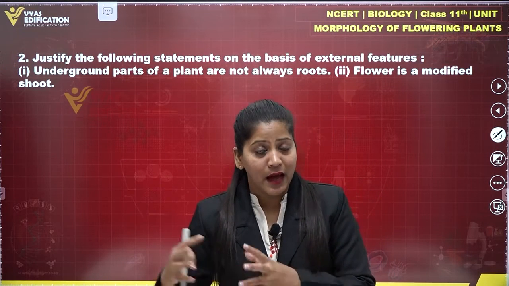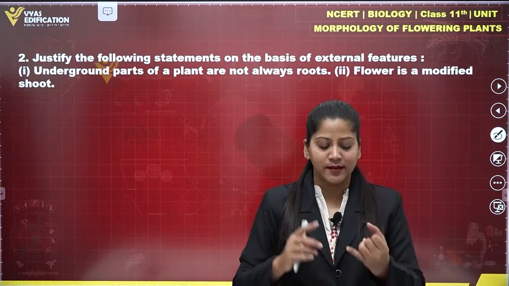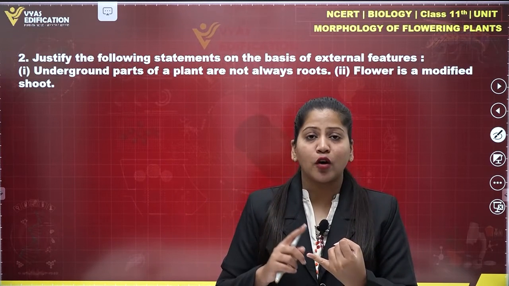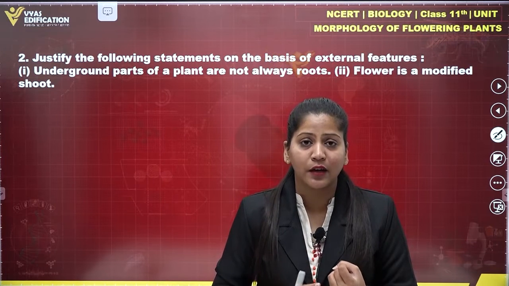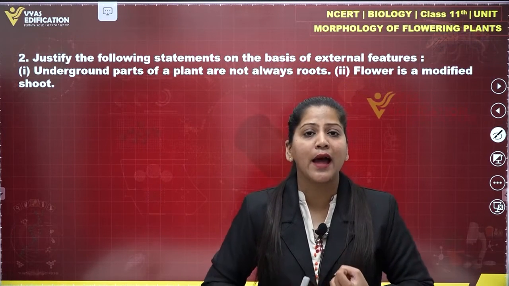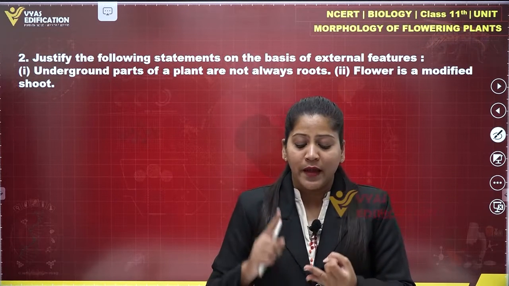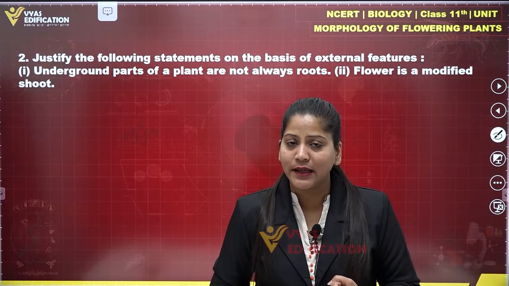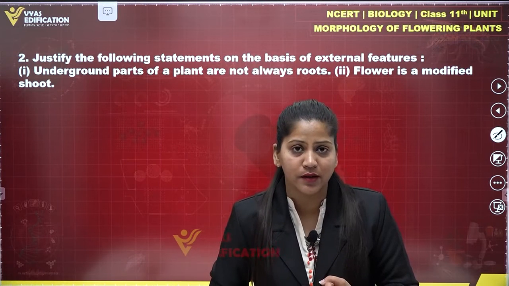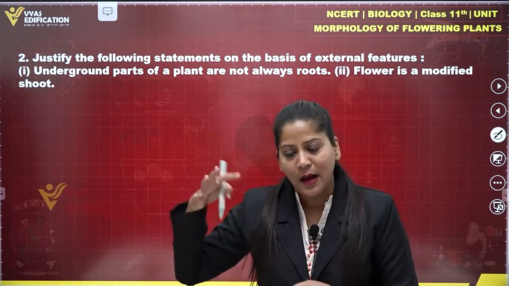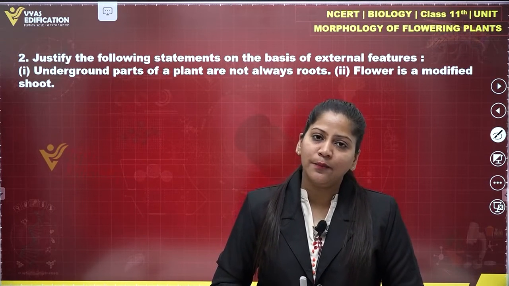So with the help of these examples, we have talked about rhizome in banana and ginger, corm as the underground stem found in colocasia and zamikand, the tuber and eyes of potato, then fleshy leaves of onion, and the flowers placed underground forming fruits and seeds in the soil only.